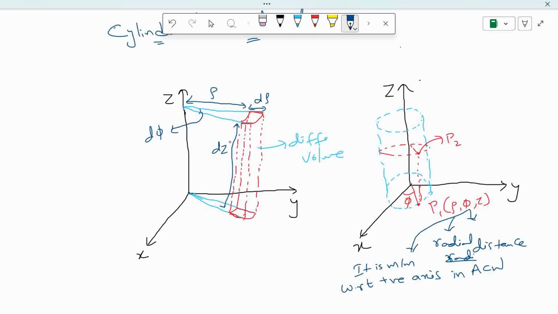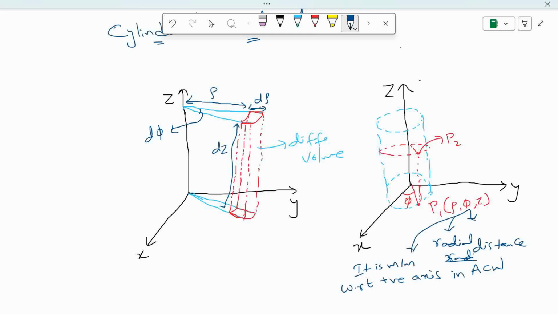It might look bigger, but please understand that it is dz. Just for drawing convenience, I have drawn it bigger, but it is very small.